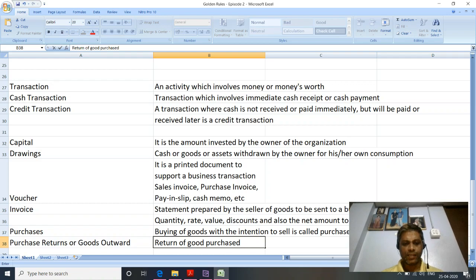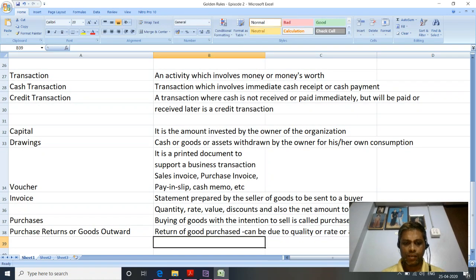Return of goods purchased can be due to quality or rate or any other discrepancy for which the buyer is returning the goods back.